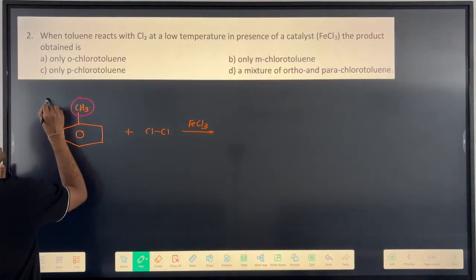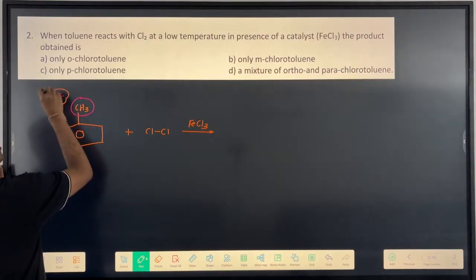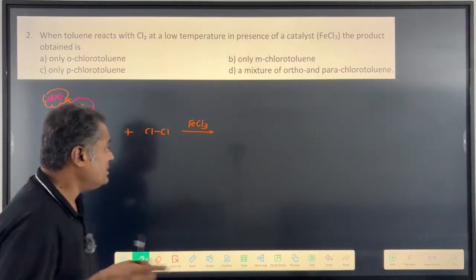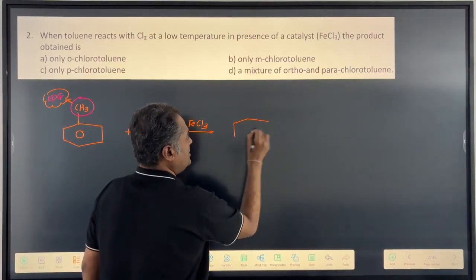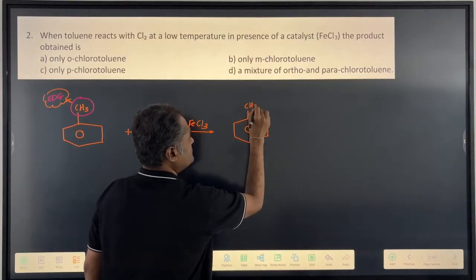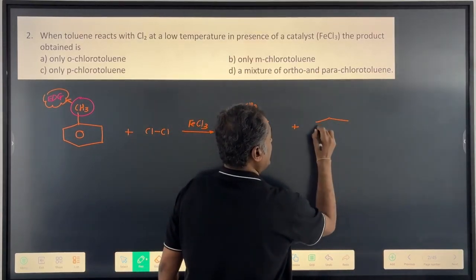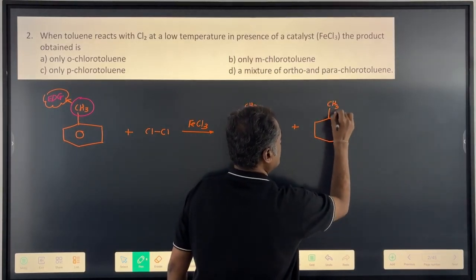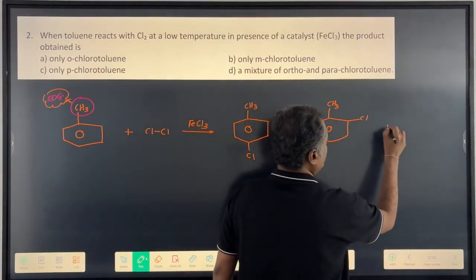It is an electron donating group, and whenever you have a donating group, the products obtained are ortho and para. That means in this reaction, one chlorination will take place on the para position of the toluene molecule. And one more probable product is that chlorine gets attached to the ortho position of the benzene, and the byproduct in this reaction would be HCl.